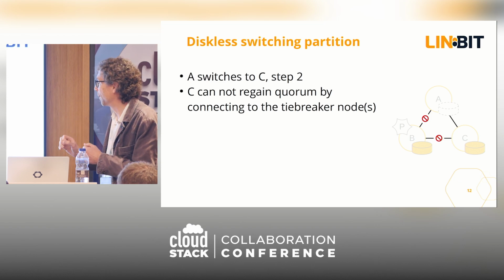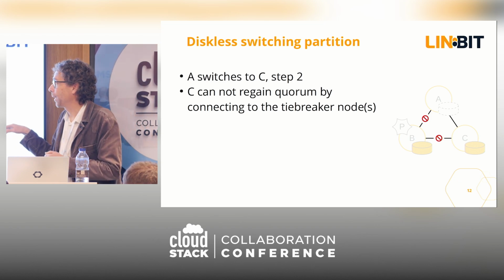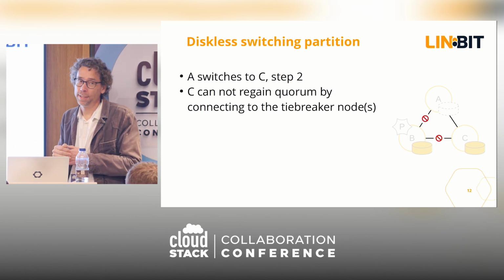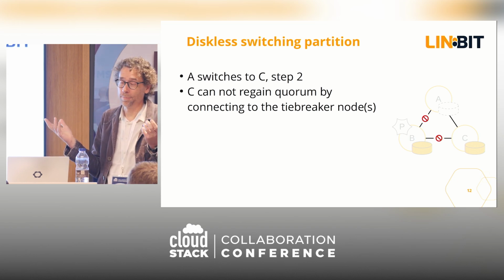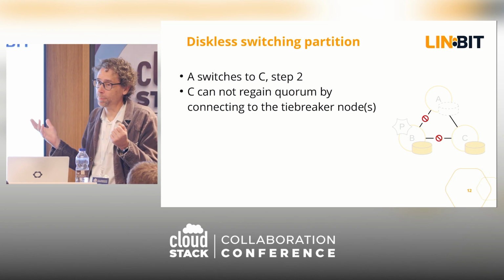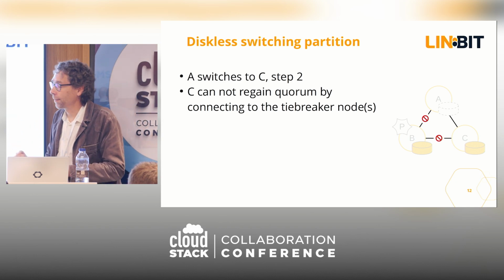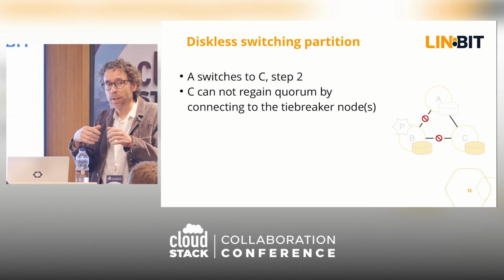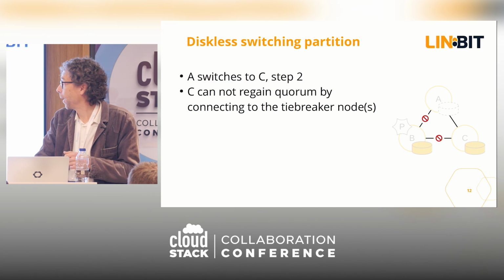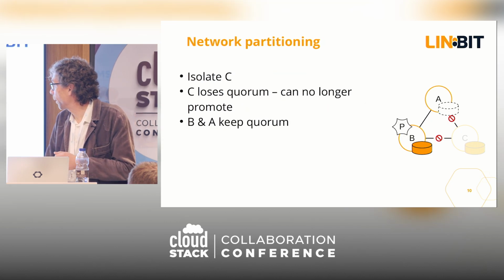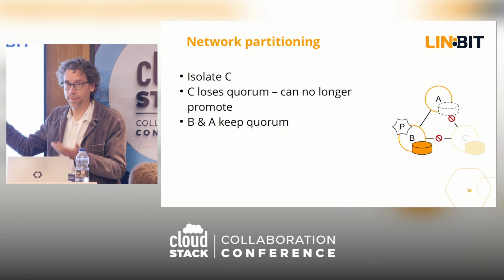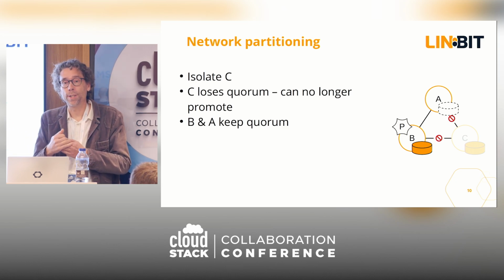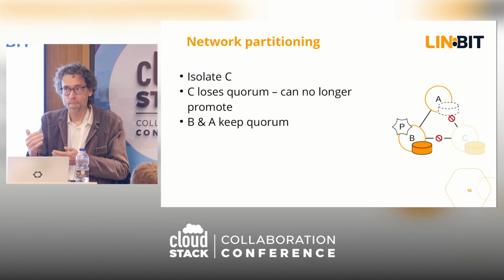The other way is that these nodes carry a so-called data generation identifier, which is actually a 64-bit random number. And this diskless node, let me go back, this diskless node also has this random number, so it knows to which data generation it belongs.